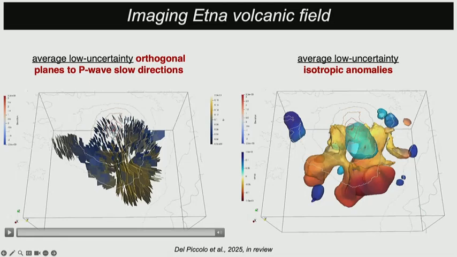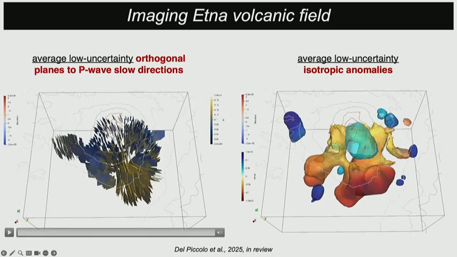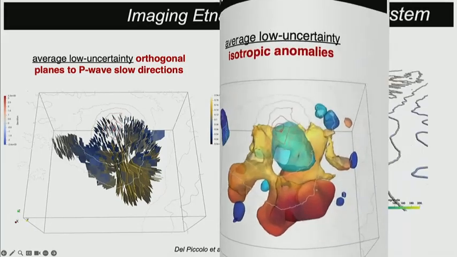Okay, and this I think shifts a little bit the paradigm whereby magma is focused along some conduits, and then maybe it can stagnate in some magma storages, right? So in this case, it looks like the magma is really widespread below this edifice, which also would explain why there are lots of lateral vents which get activated quite often on Etna.